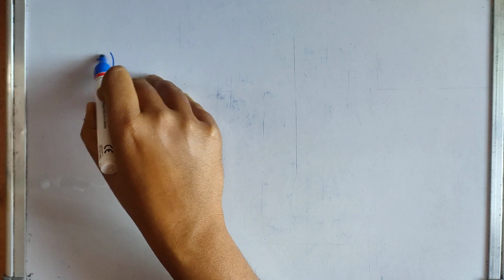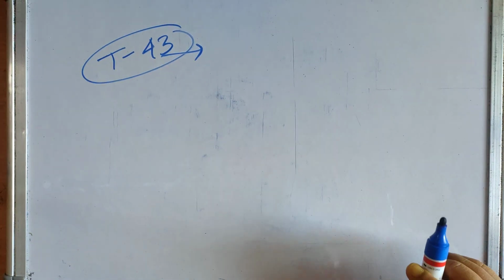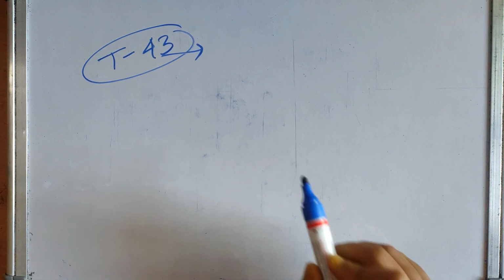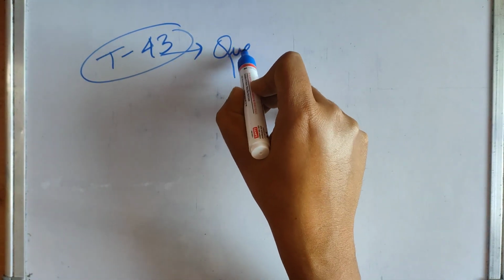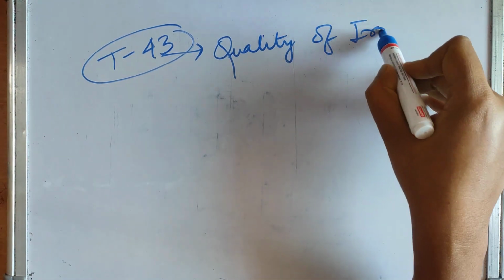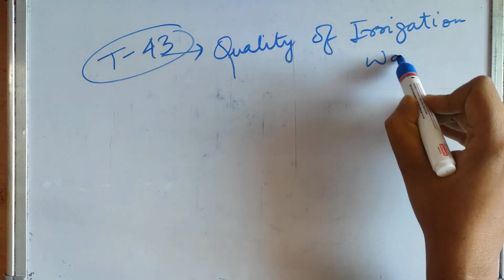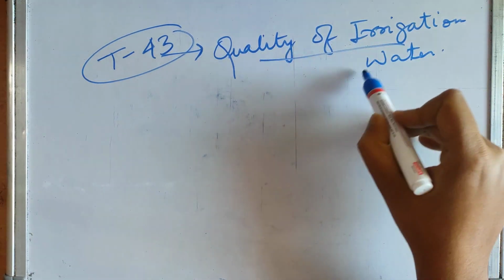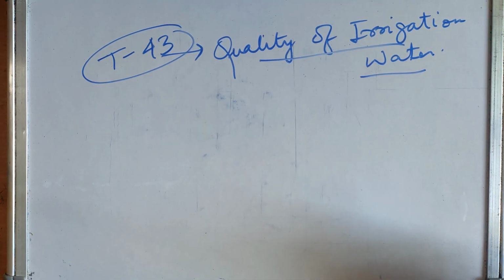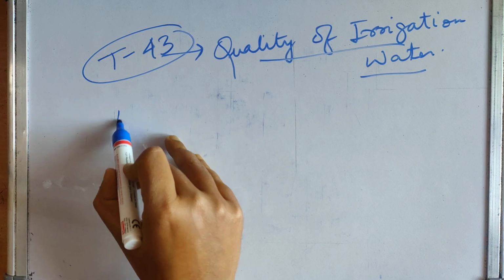So today we are going to do topic 43, that is quality of irrigation water. Now moving on to this, we need to classify water quality.